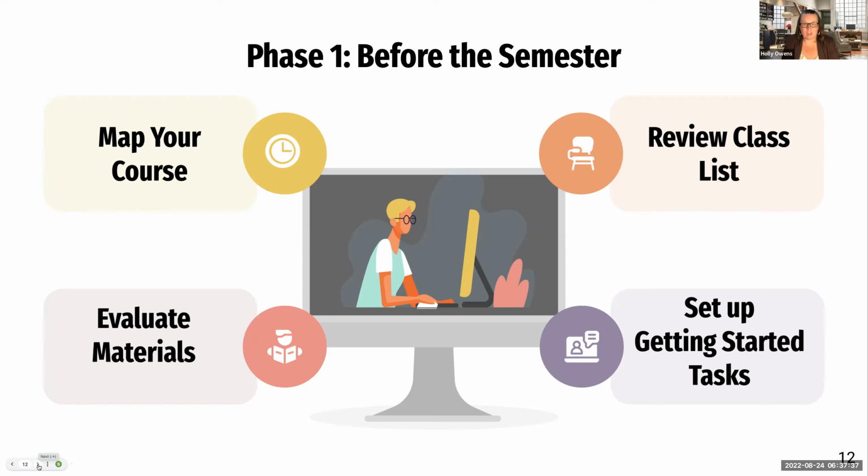Also, I review the class list. I find out who my students are. I may shoot them an email prior to the class just to give them a list of what the books are, the resources they might need to purchase or that we're going to use in the course, or maybe instructions for how to log in to the LMS. So I'm already prepping communication prior to the course being open, and then set up those getting started tasks.